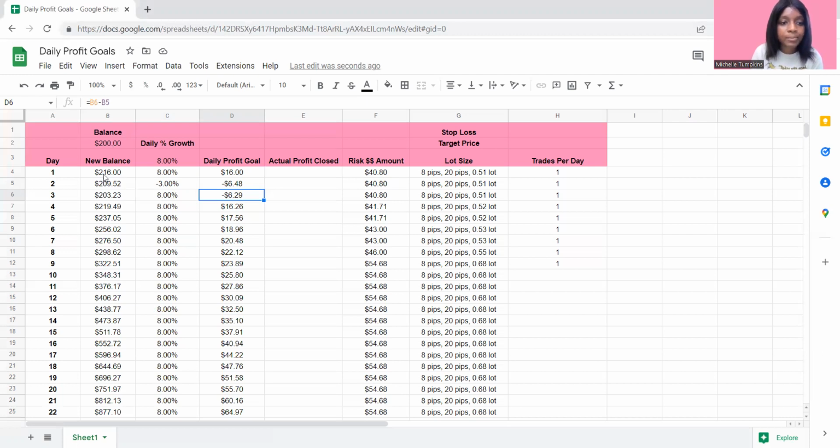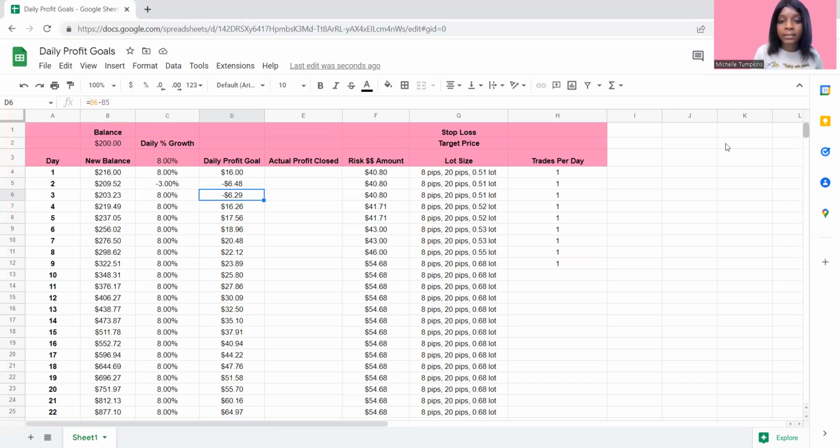You were up $16 profit for 8%, but because you lost 3%, you're now at $209.52. So what that means is you lost 3% profit, you're still in profit for overall $9, and you're still in profit for overall about 5%.